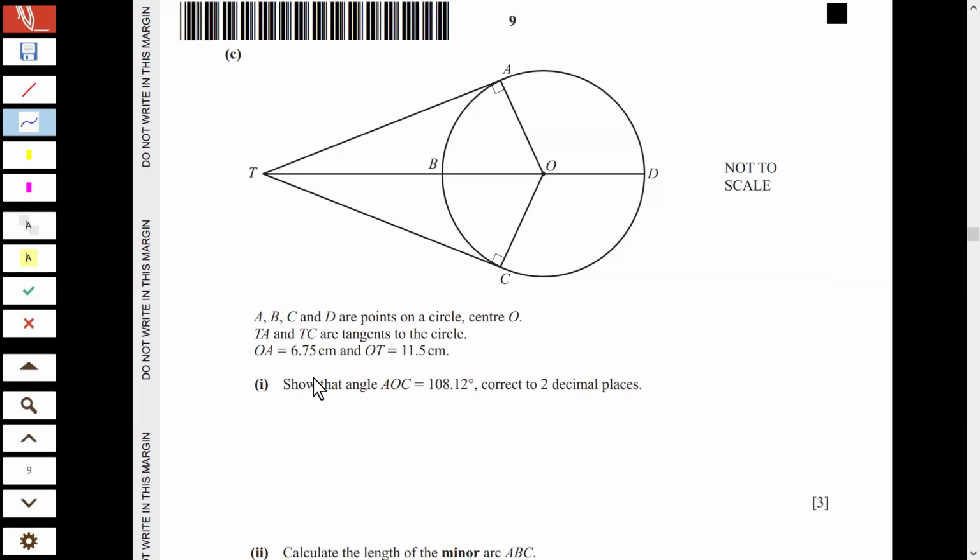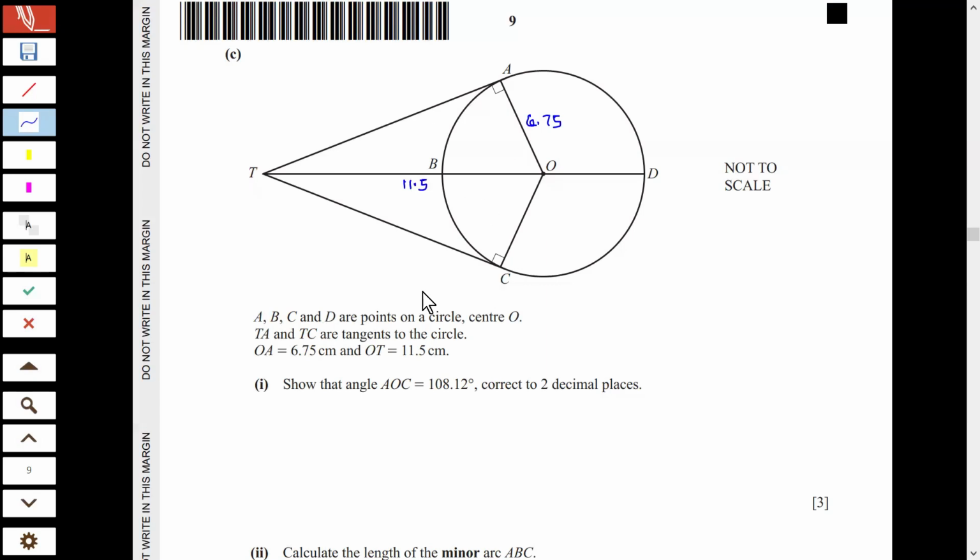Now, from the information given here, we know that OA is 6.75. And also, we're given OT. The length OT is 11.5 centimeters.